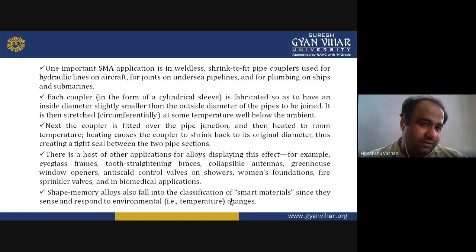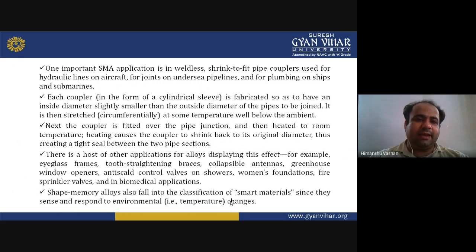It is then stretched circumferentially at some temperature well below ambient. Next the coupler is fitted over the pipe junction and then heated to room temperature. Heating causes the coupler to shrink back to its original diameter, thus creating a tight seal between the two pipe sections.